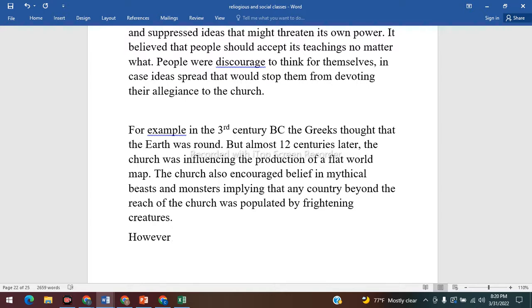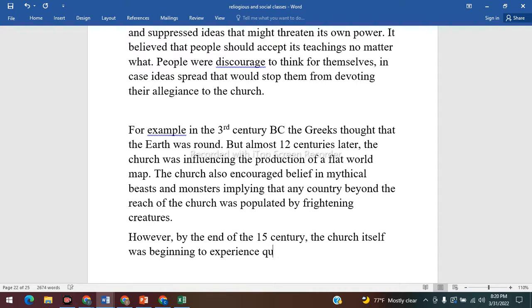However, by the end of the 15th century, the church itself was beginning to experience quarrel about its teachings.